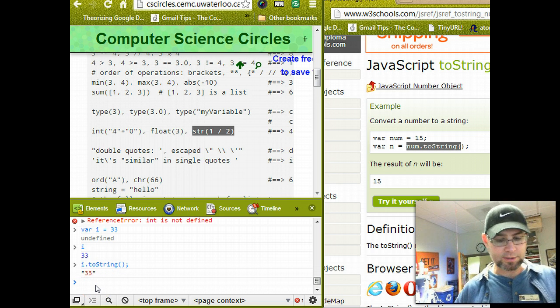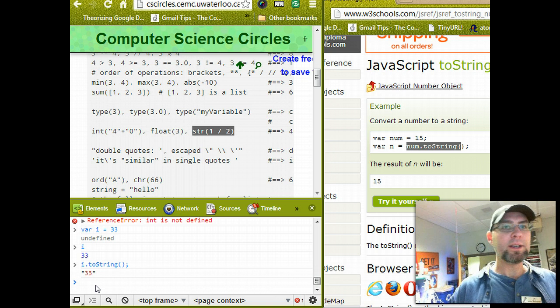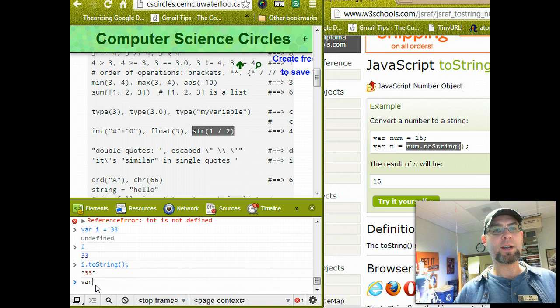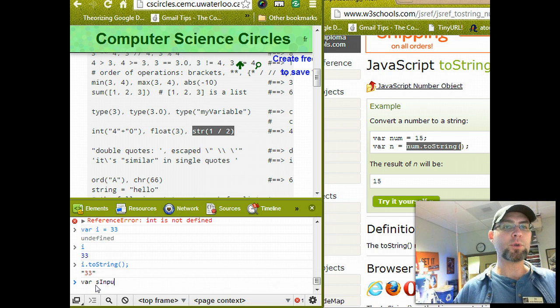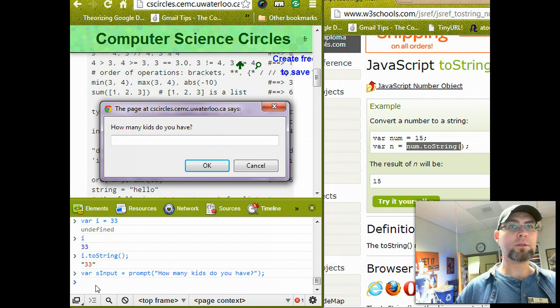So we go back to our example. I'll do it one more time, and then I think I've got it. We say, okay, var sInput equals prompt. How many kids do you have? Put the space, and close the quote. And now, how many kids do you have?